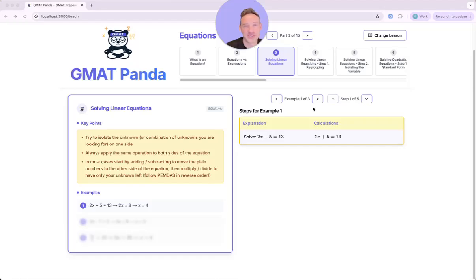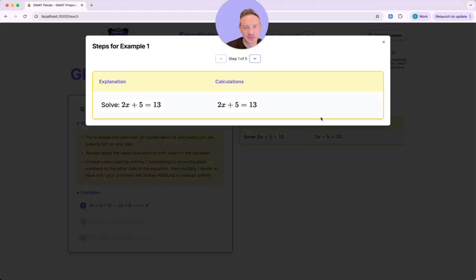Now, how do we solve a linear equation? So, first of all, what is a linear equation? Well, it's an equation that's linear. And the linear means that the unknown, so in this case x, does not have an exponent, so it's not squared or cubed, or square rooted.